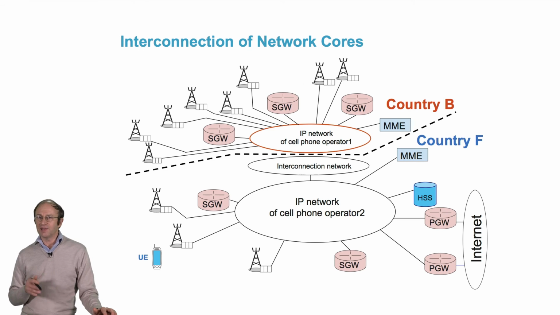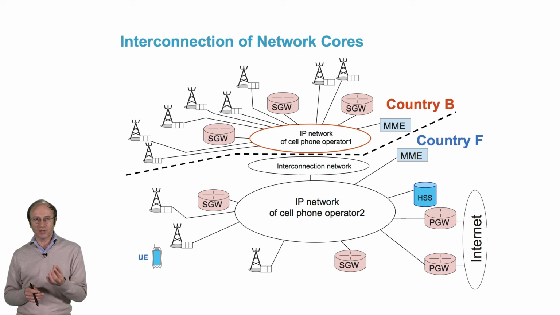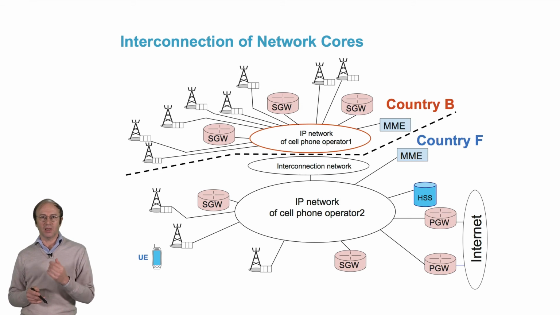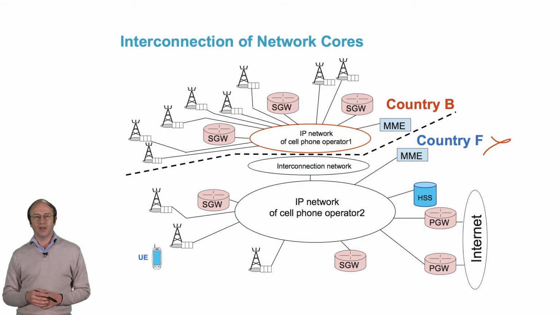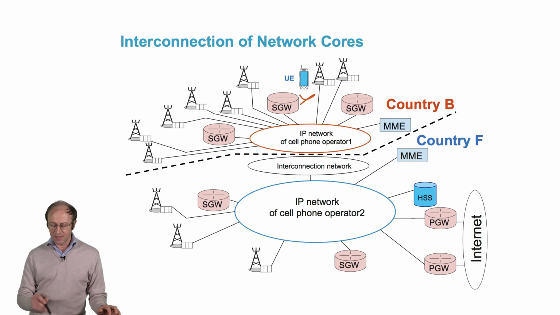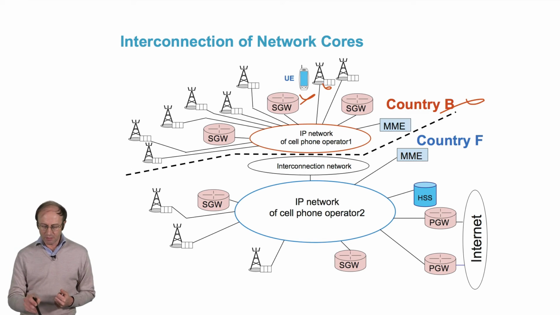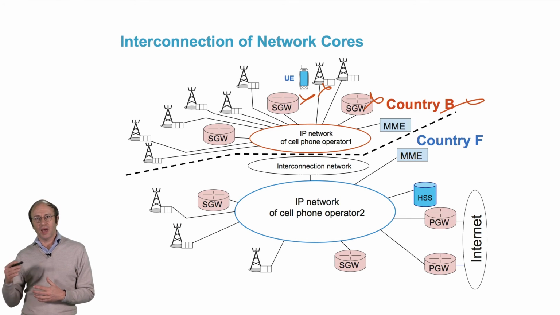Now, let's look at the interconnection of various mobile networks. This is the principle of international roaming. I'm a citizen of country F and I go to country B. I'll be taken care of by a local eNodeB, a local S-gateway, and a local MME.